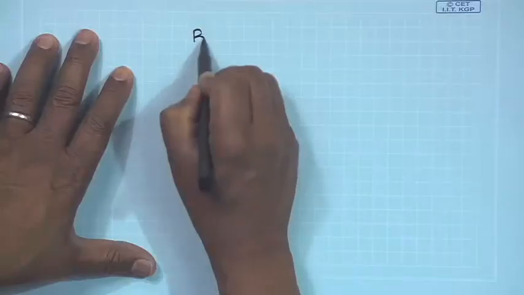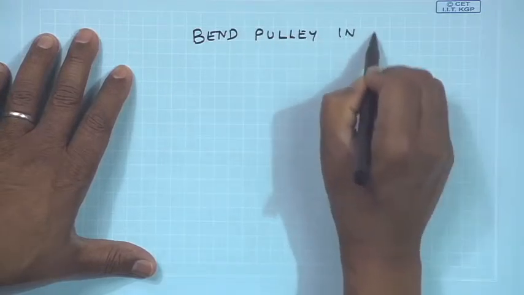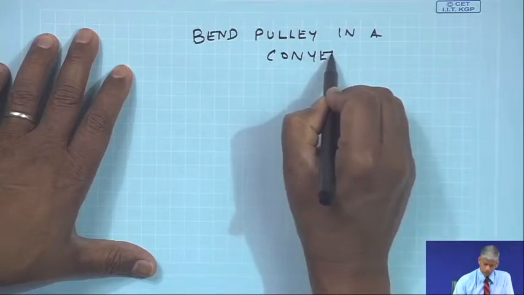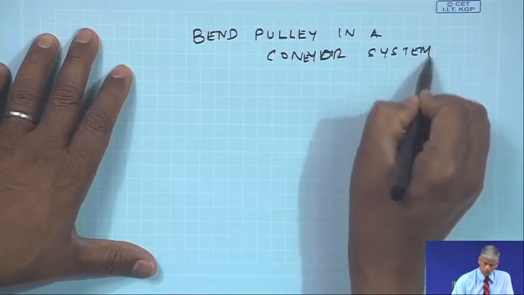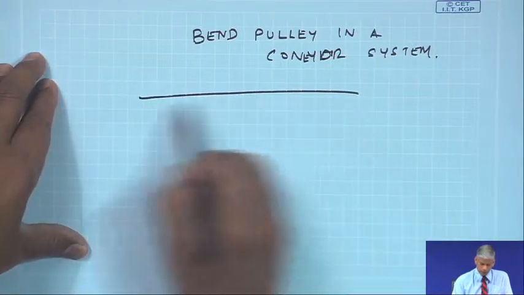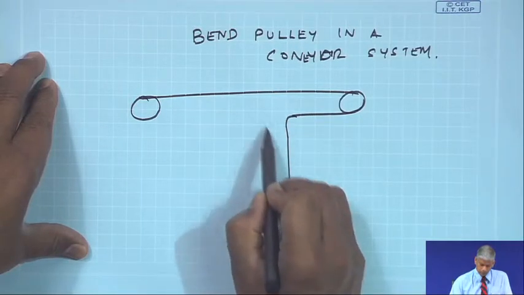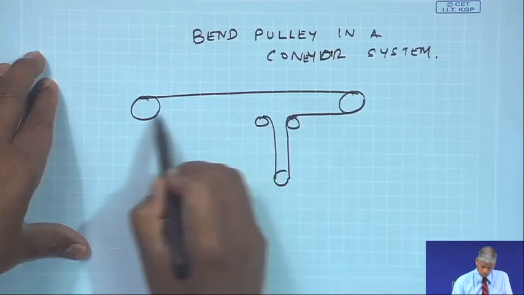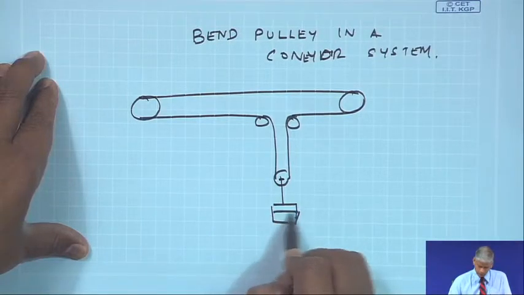I have seen in my book, you can see a failure analysis of a bend pulley in a conveyor system. Because if you see in a conveyor system which is rotating between a header pulley and tail pulley, during the return there is a bend pulley onto which certain weights are given.